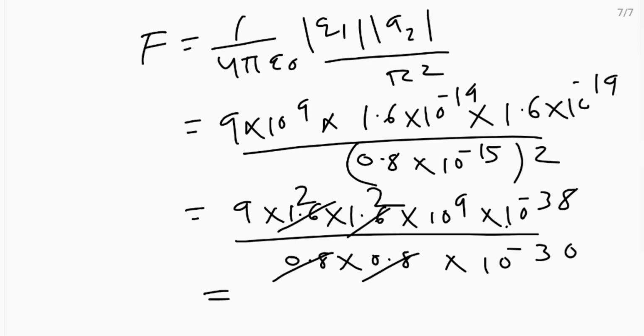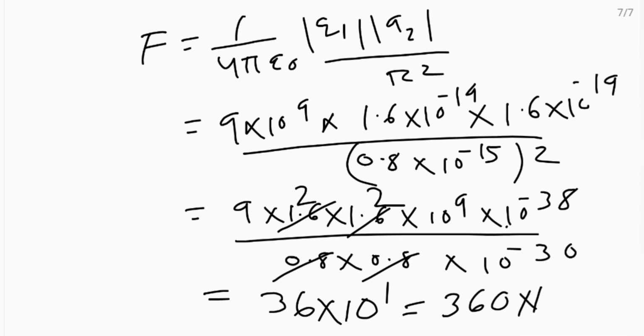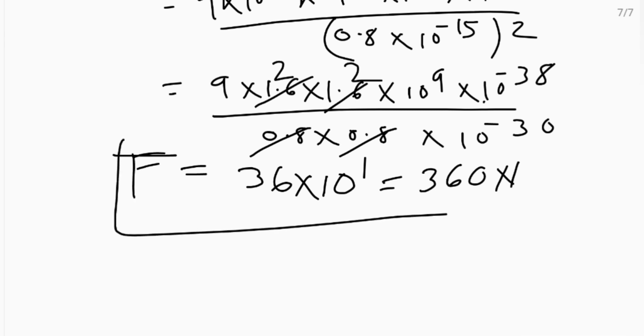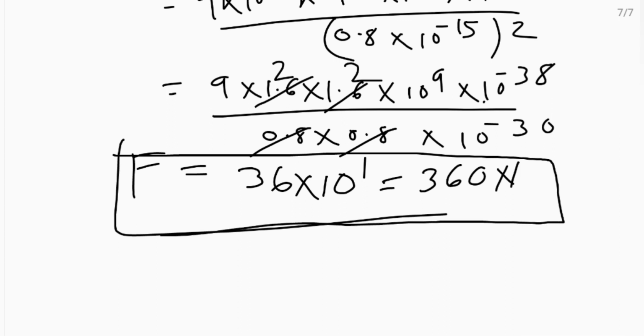So it becomes 36 into 10 to the power 1. So it will be 360 Newton. So the force between two electrons separated by a distance 0.8 into 10 to the power minus 15 meter will be 360 Newton.